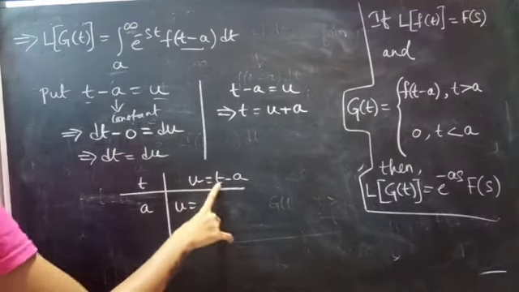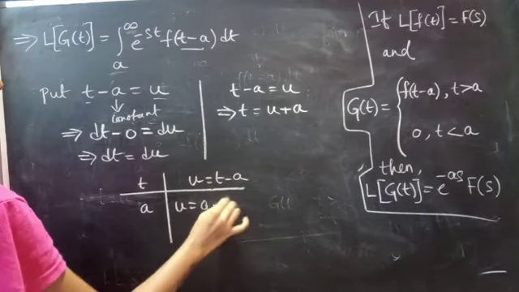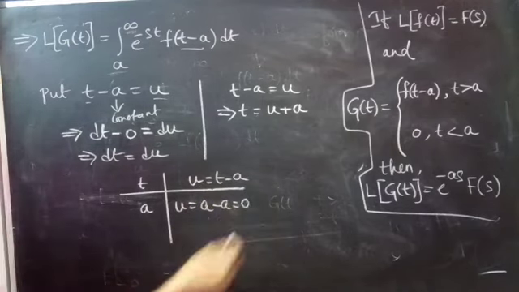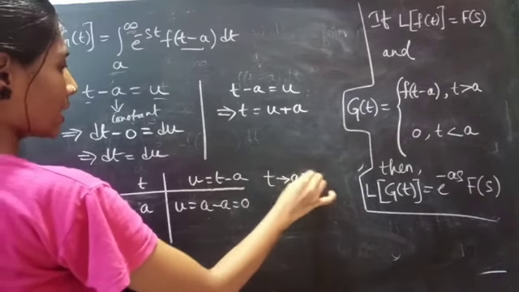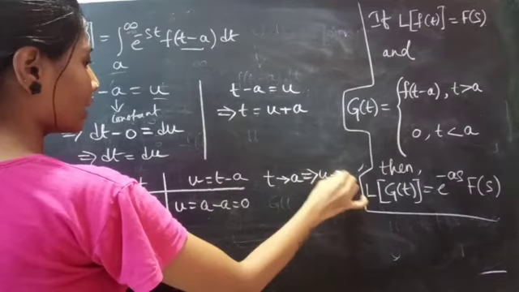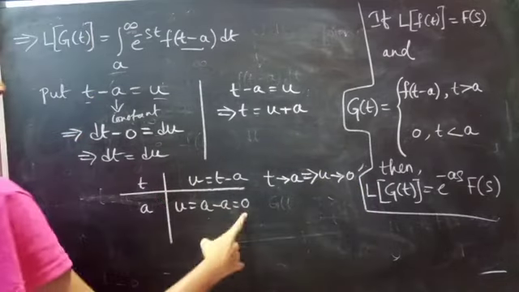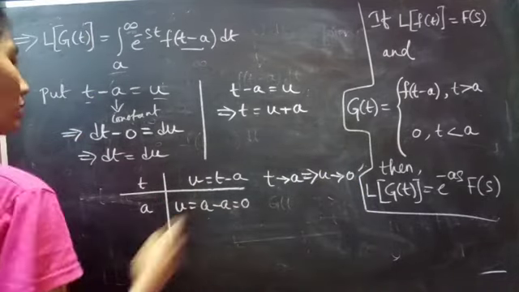Substitute t equals a here, then a minus a equals 0. This means that when t tends to a, u tends to 0.